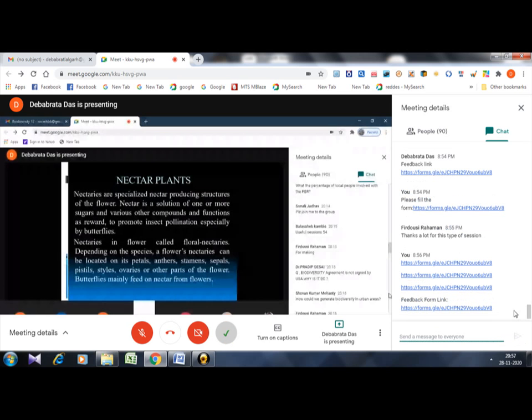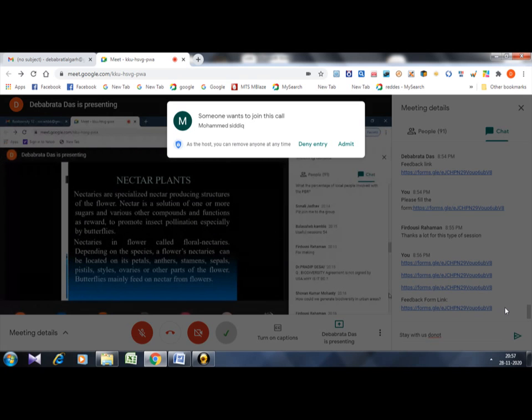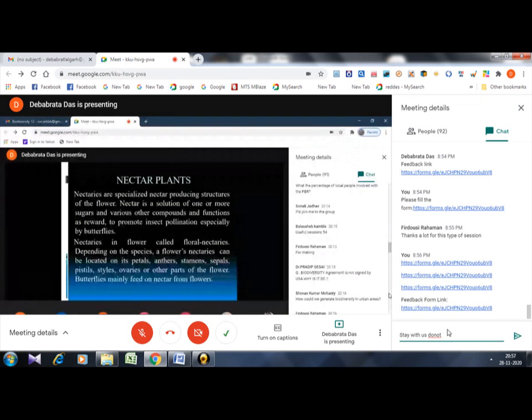Now we come to nectar plants. We have a common sense that butterflies like to feed on nectar. So they hover from plant to plant feeding on nectar. And plants also know, they have special areas for animals or butterflies to feed on nectar. These are called nectaries.